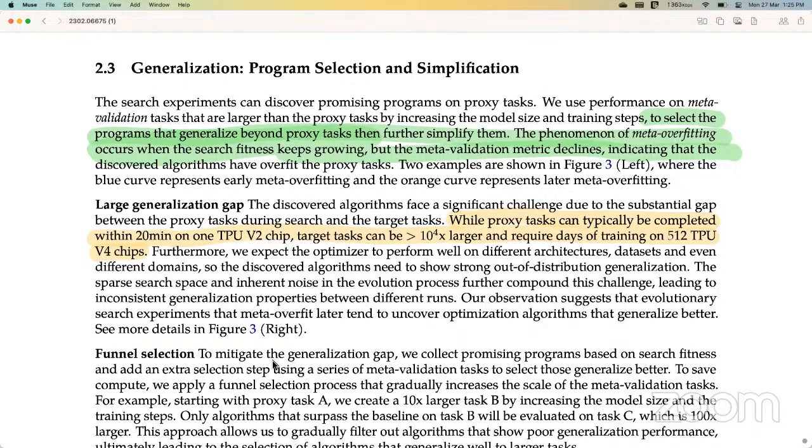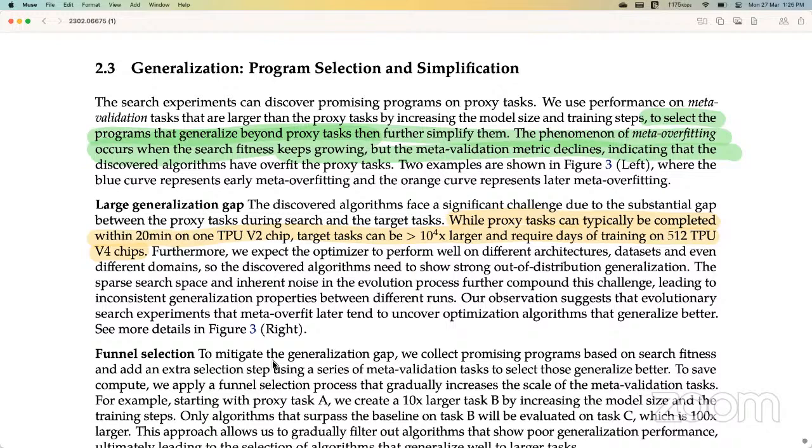So at the end, we are trying to get high accuracy on two particular tasks, the proxy tasks. Did you get my point?